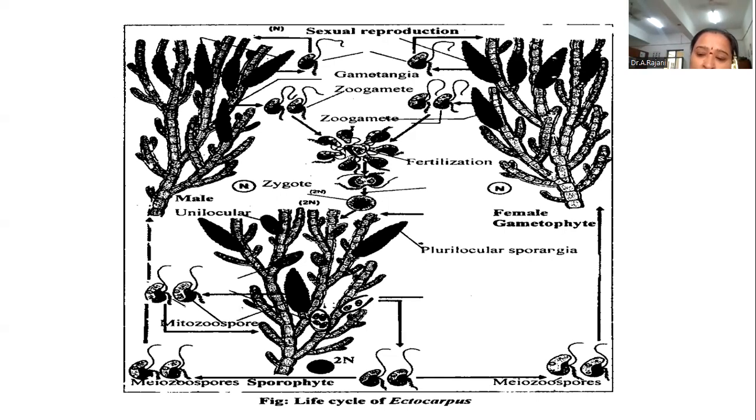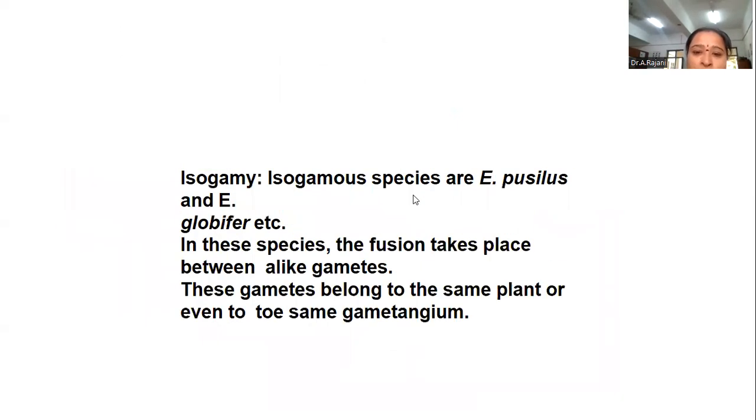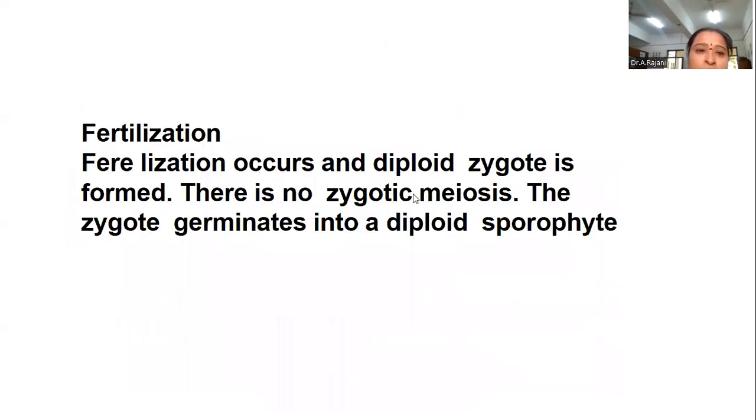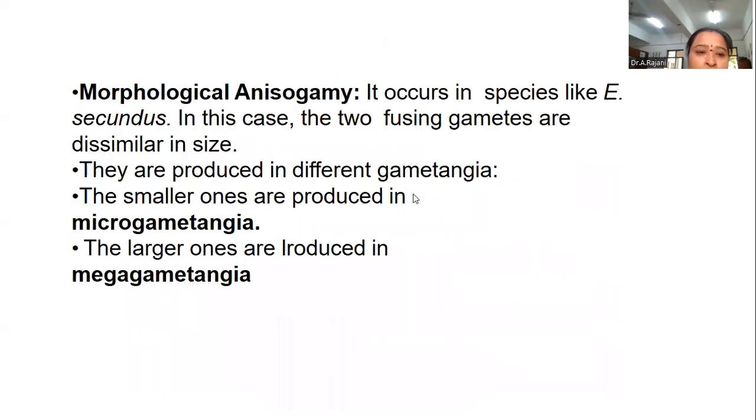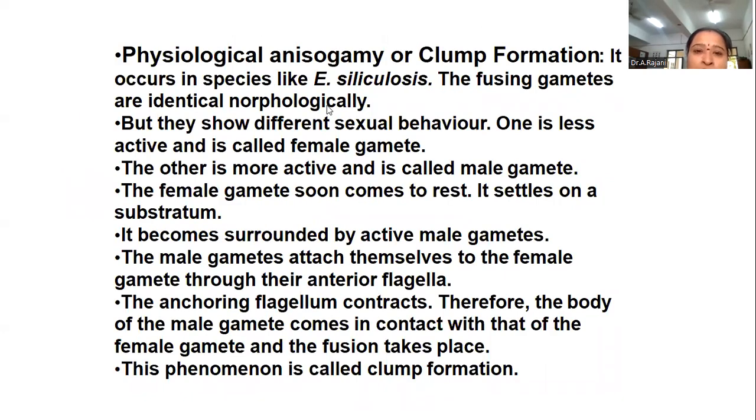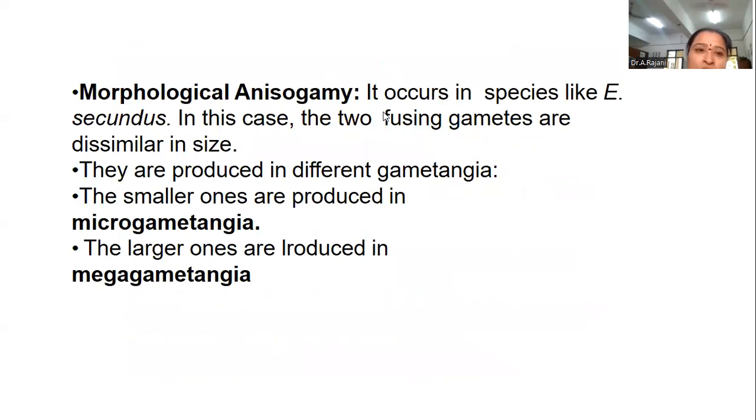This structure is called clump formation. It is very important; clump formation is asked many times. Also note the species name, Ectocarpus siliculosus. The expected question: clump formation, the species name Ectocarpus siliculosus, and the anisogamy type, morphological anisogamy.